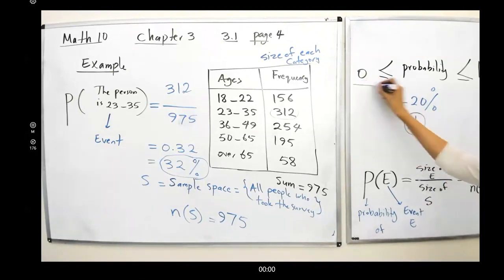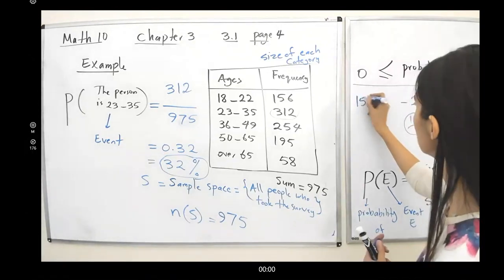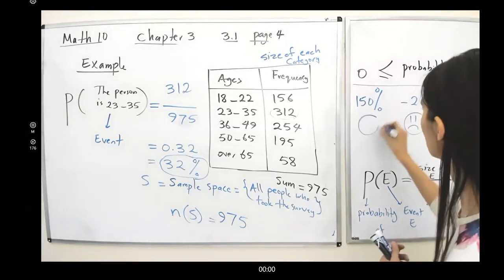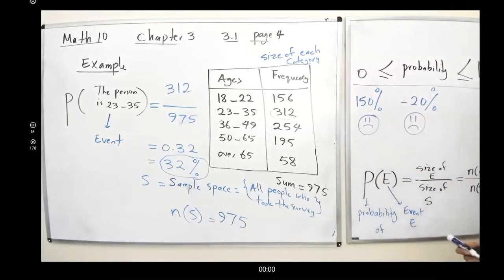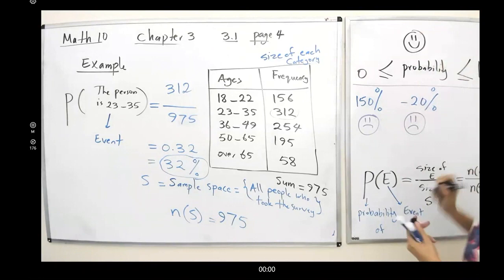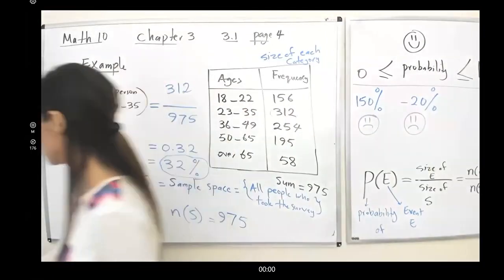If somebody says, hey, the probability is 150%, wrong. We don't have probability 150%. These are wrong values. Probability can be 0, any number between 0 and 1, and also 1. So we are happy here. Otherwise, get a sad face, it is wrong, absolutely wrong.